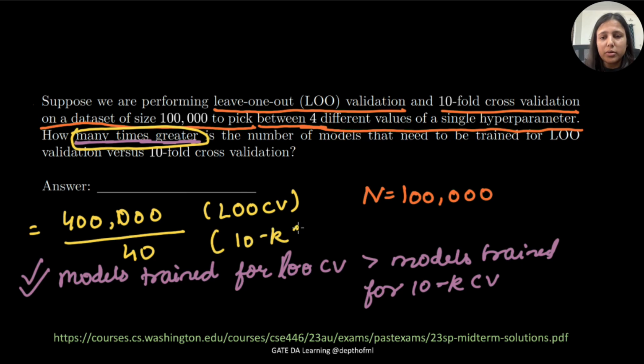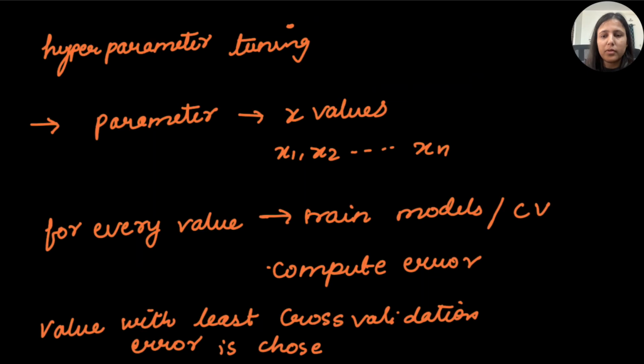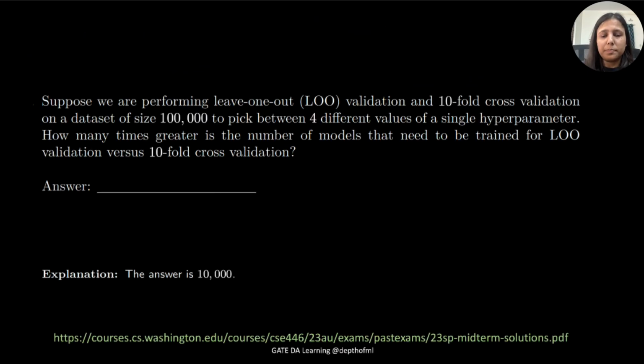So if I cancel this, it's just 10,000. So it's just 10,000 times greater. The answer is 10,000 times greater. Let's see what the answer is. Yeah, the answer is 10,000. Fine. Let's move on to the next question.